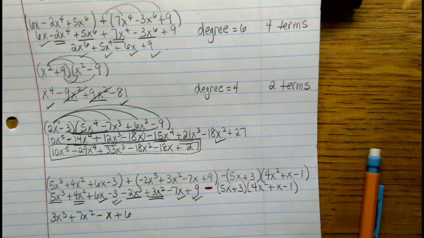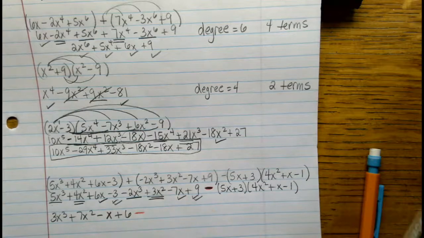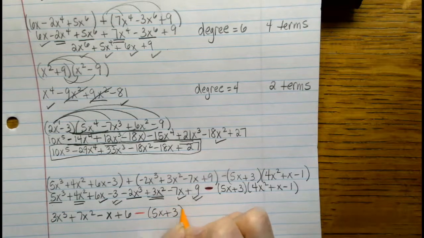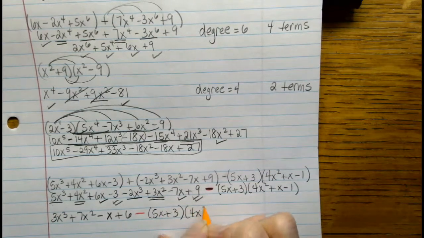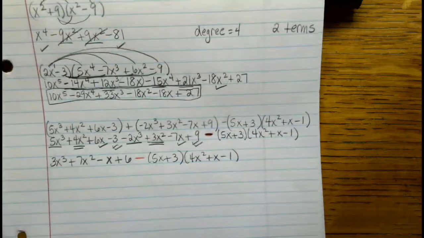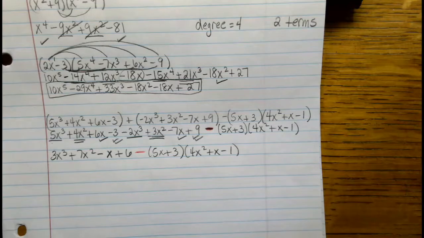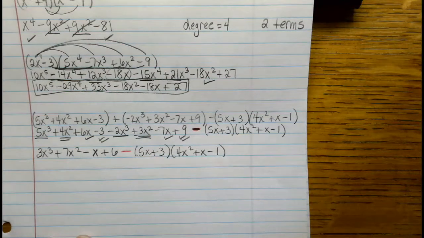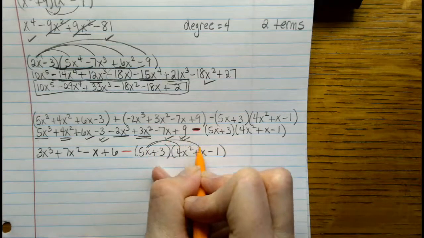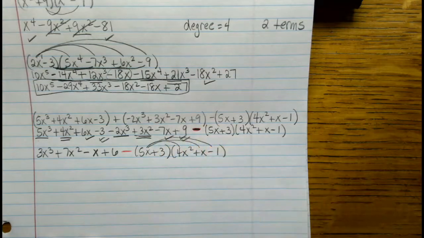And then again, really important here, this minus, we've got the 5x plus 3 times the 4x squared plus x minus 1. And what needs to happen, sorry about that, my paper got below the screen there, but now we're going to have to do the distributive property.